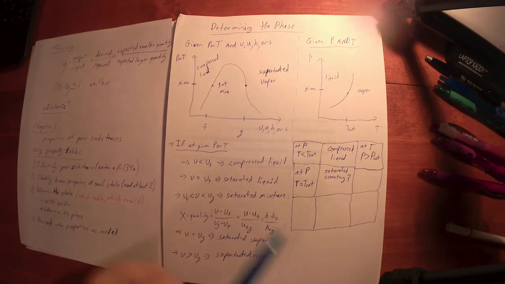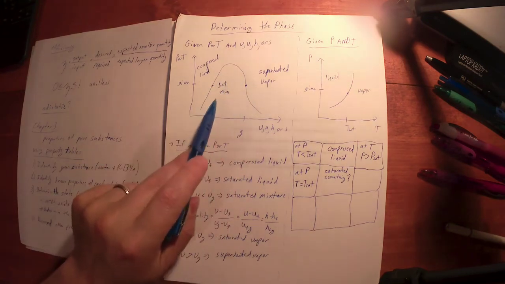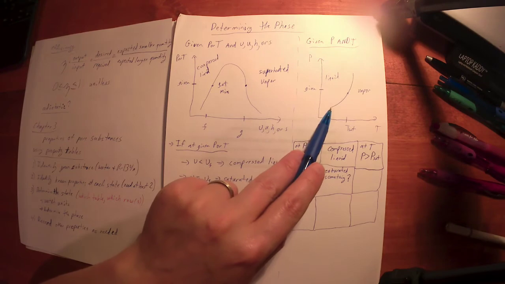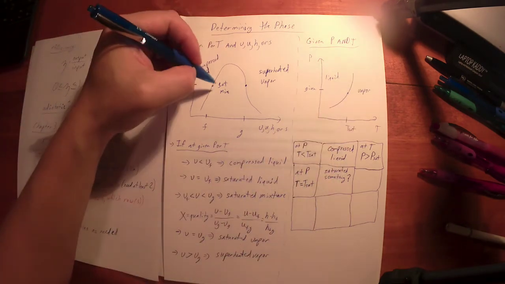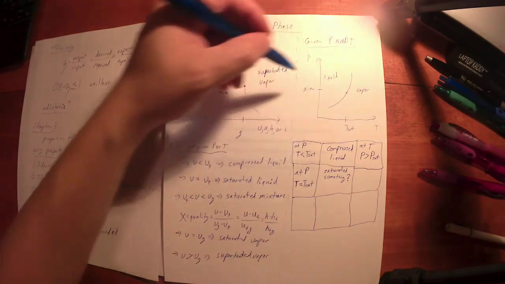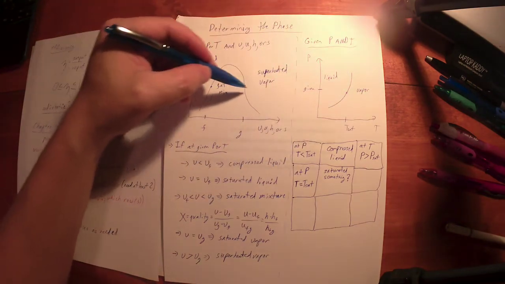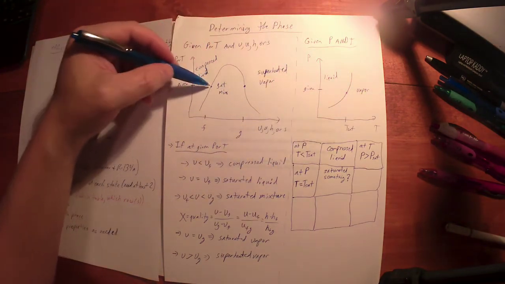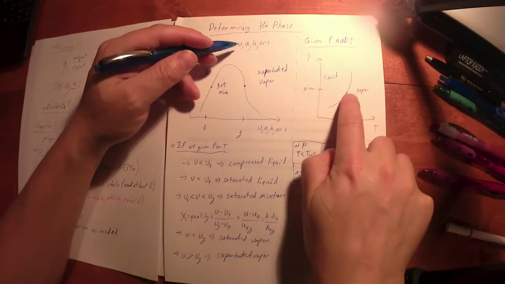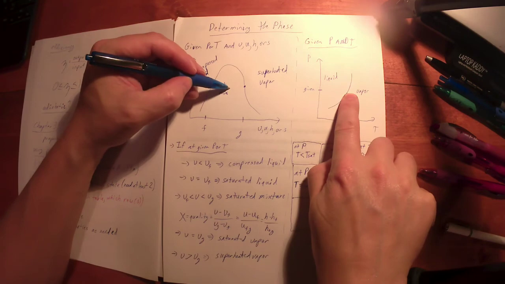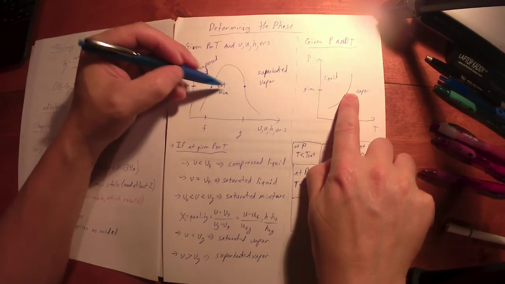This dome, when viewed along the PT axis, becomes this curve. So if all I know is that I'm somewhere on this curve, I could be anywhere in between here. Does that make sense? Because when I view from this direction, all I see is this curve. I don't know if this dot is here, here, or here. It could be anywhere in between.